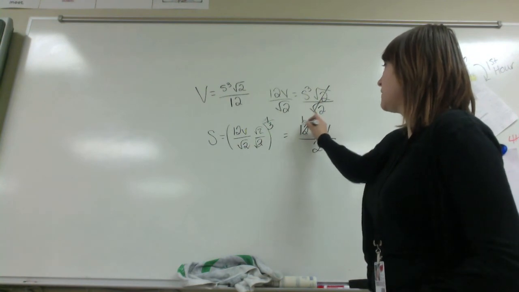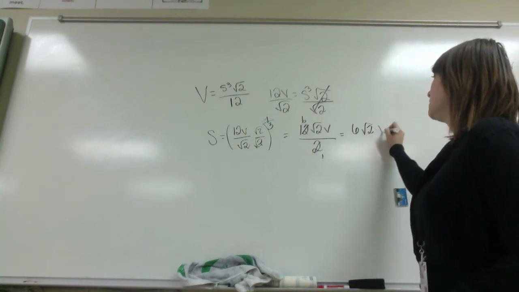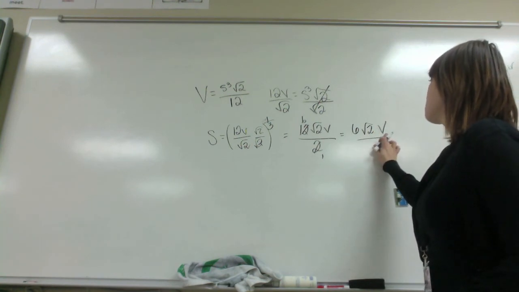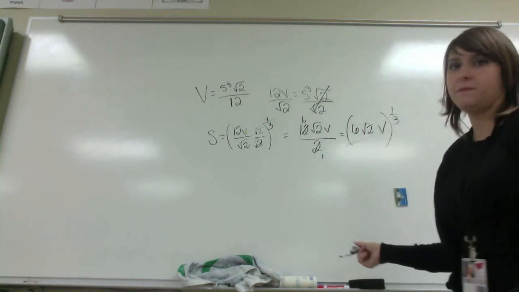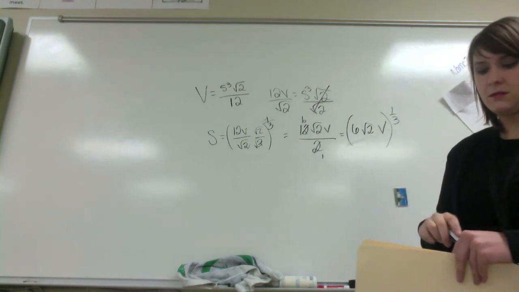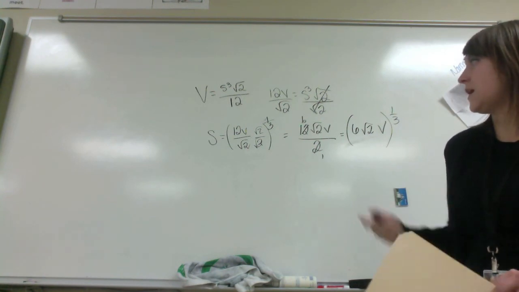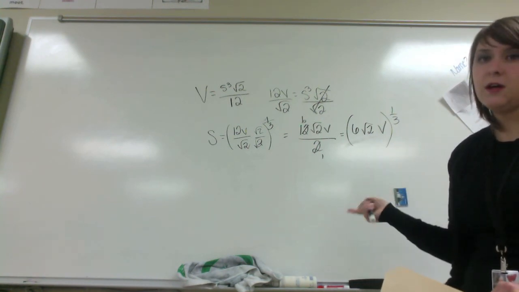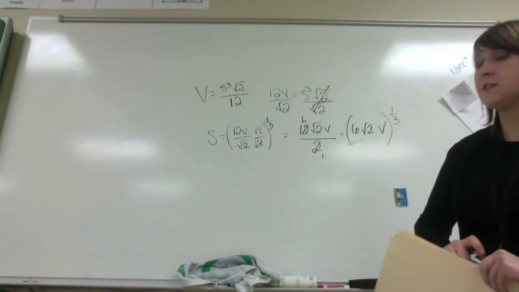Then I can simplify this down. So I'll have 6 square root 2 V to the 1/3. Alright, so that's going to be my answer. s equals 6 square root 2 V to the 1/3 in order to have s in terms of V.